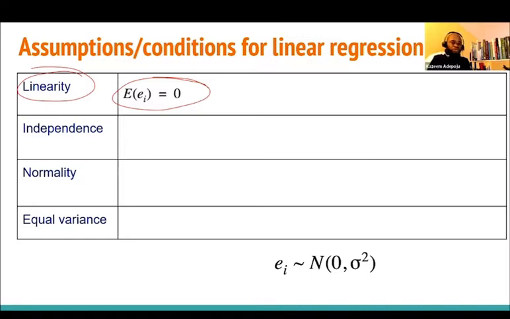But mathematically speaking, we're going to say the expected value of error equals 0. What do I mean by that? What do I mean by expected value of error equal to 0?